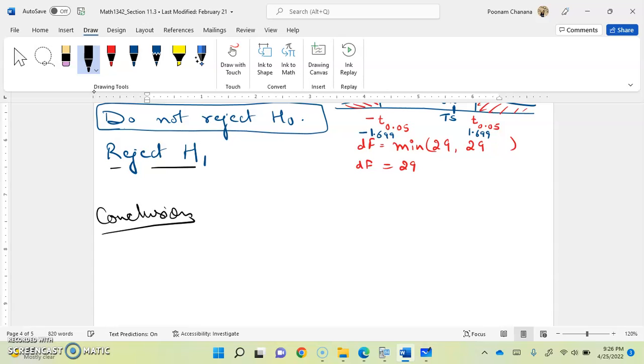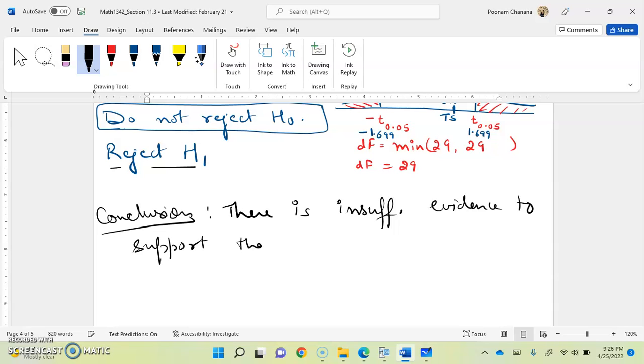Because we are not rejecting H naught, there is insufficient evidence to support the claim written in the question. What was that?